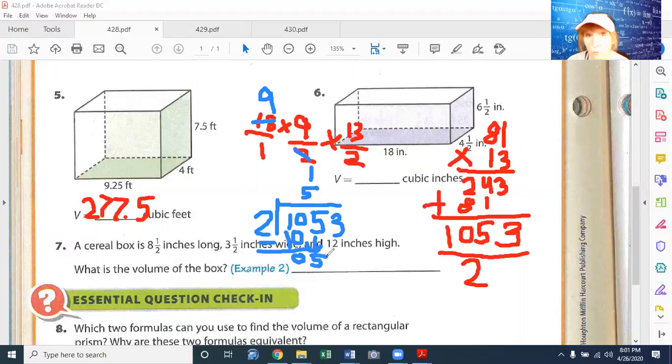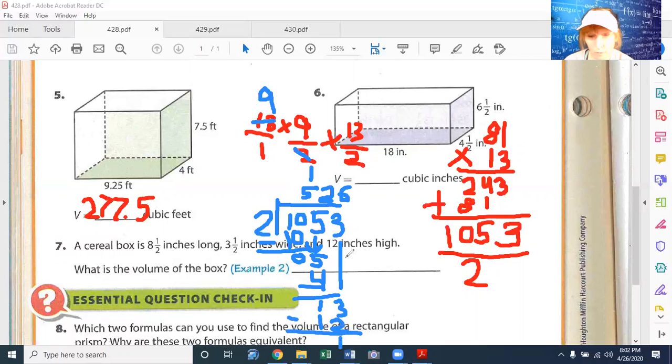How many 2's go into 5? Yep, 2. 2 times 2 is 4. 5 minus 4 is 1. Bring down our 3. How many 2's go into 13? 6. 2 times 6 is 12. I'm running out of room, but not quite. We're going to get it. 13 minus 12 is 1.